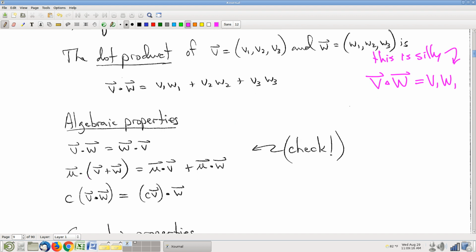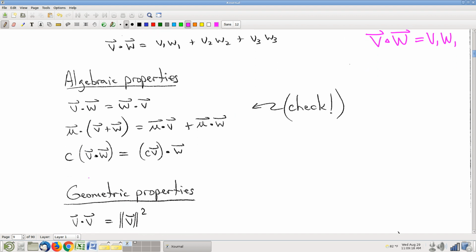Okay. All right. Now, next pitch. There are some geometric properties. V dot V. If you take any vector and dot it with itself, you get the square of the magnitude of that vector. Now, this is easy to demonstrate. Easy little exercise. Make sure you can do that. Right? Nevertheless, there's our connection to geometry. Dot product on the left, geometry on the right.